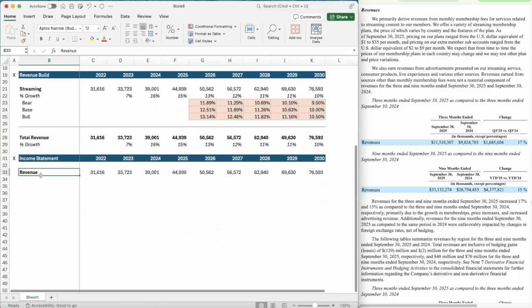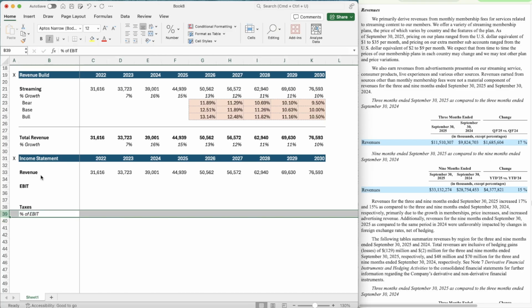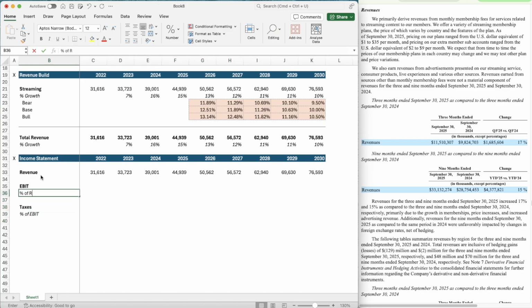Okay. Below this one, we want the EBIT. Then we want taxes. Put taxes below because we want to know what this is as a percentage of EBIT and percentage of revenue.